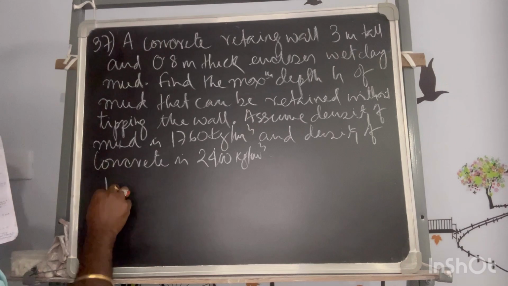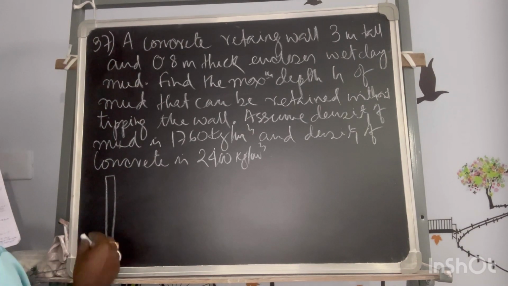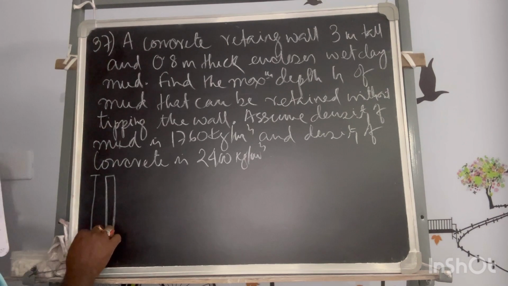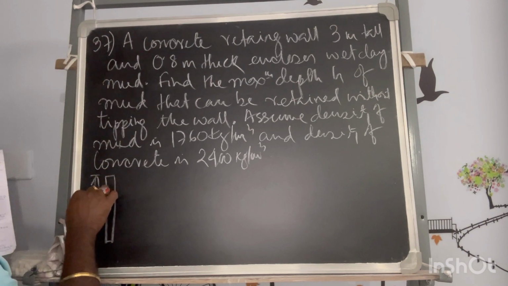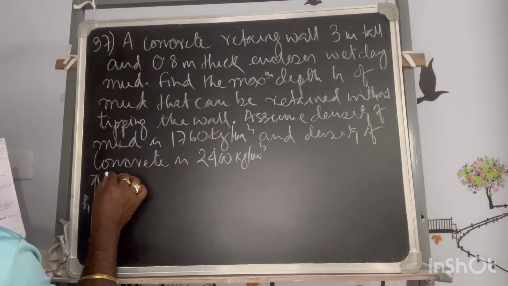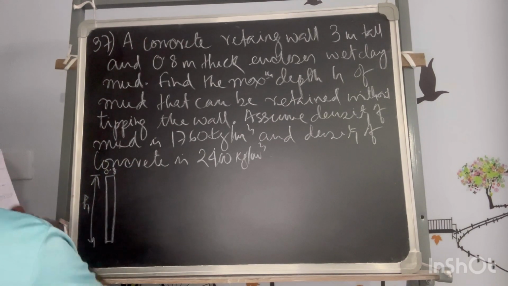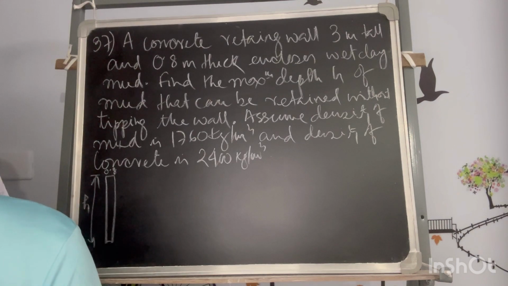So this is the diagram. This is the concrete wall of height 3 meter and the dimension is given, it is 0.8 meter.